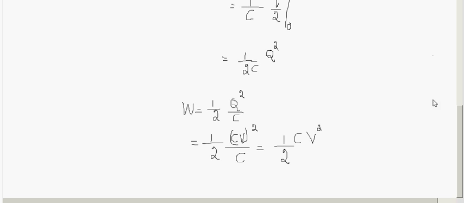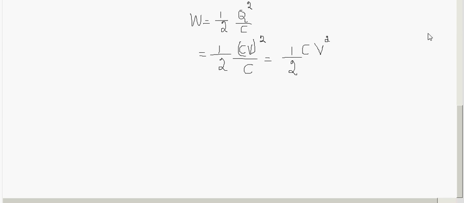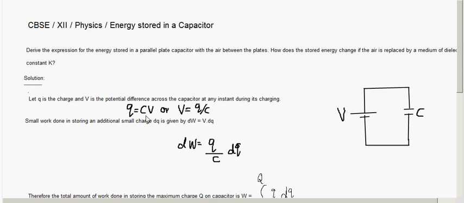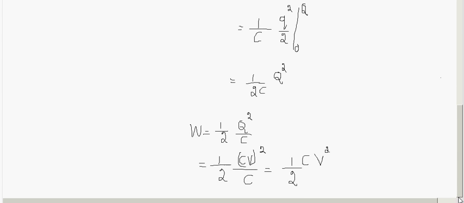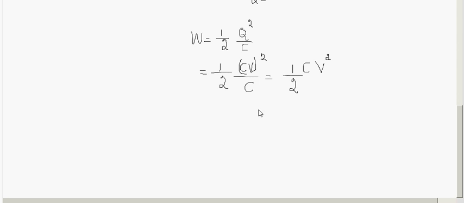Also we can substitute C is equal to Q by V. So that will give us another equation, half into Q by V into V square.